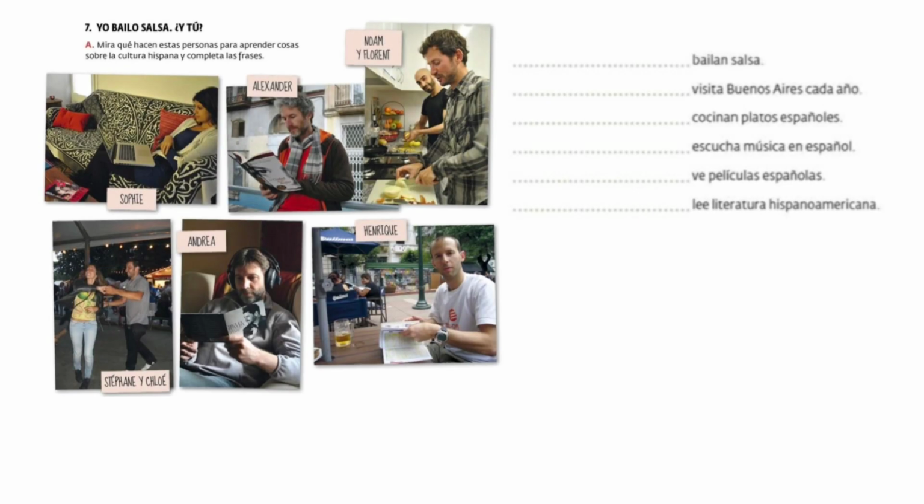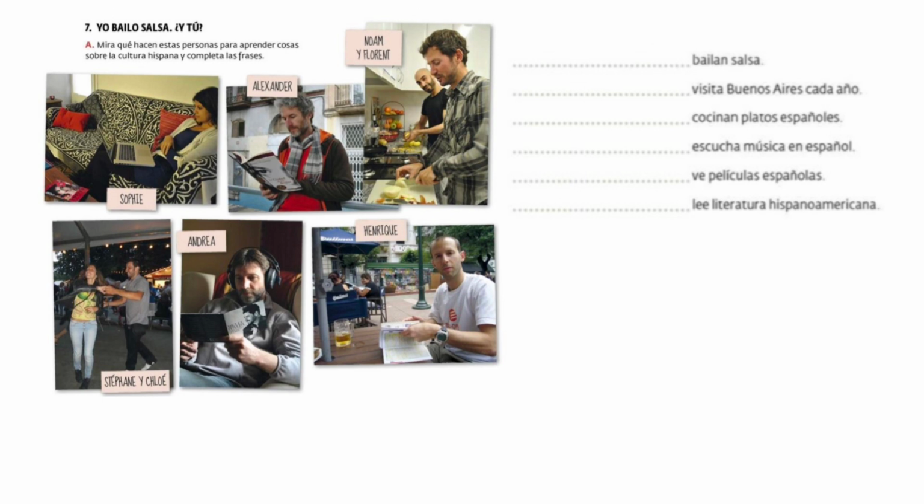Okay, now again we'll work with some images in this exercise. So all you need to do is you have to see what all these persons are doing, according to these images, and you have the options below, that is bailan salsa.